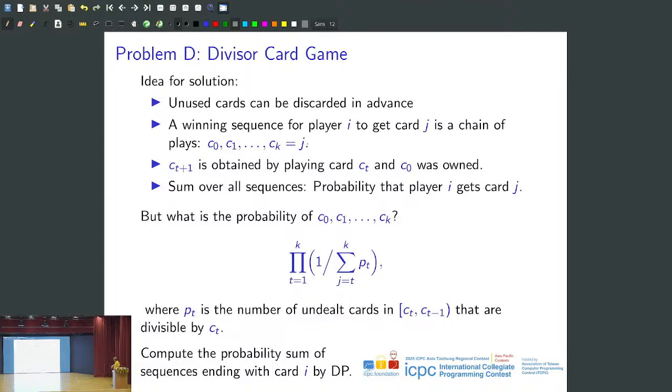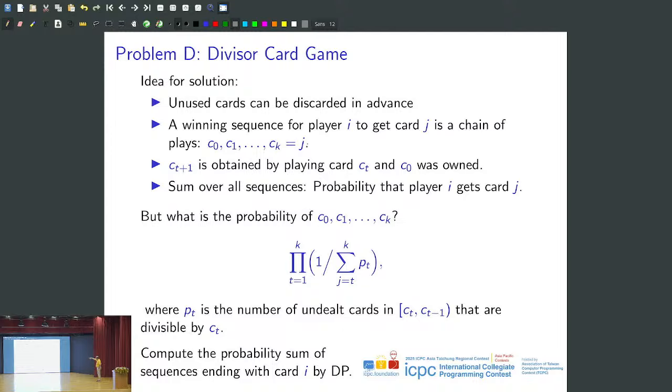So we look at some sequence of cards, where C sub 0 you had at the beginning, and the other cards were obtained in an earlier round.